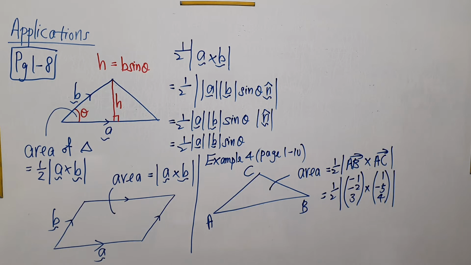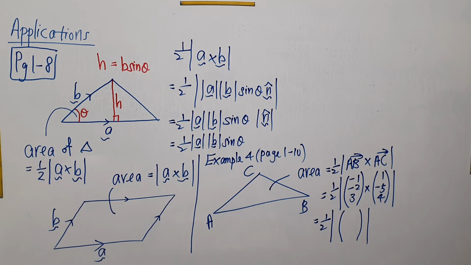Okay, and then you have to perform the cross product of these two vectors. What do you think you get? Remember the alternative way that we learned. How do we find the cross product of two vectors in the alternative way? What we do is we cover the first row, this times this minus this times this.